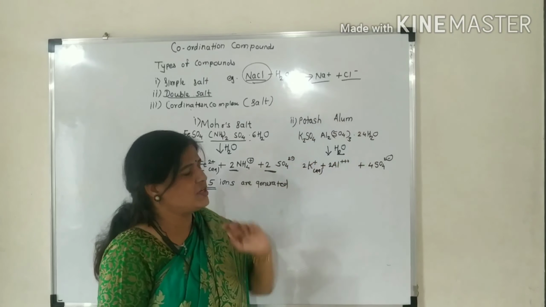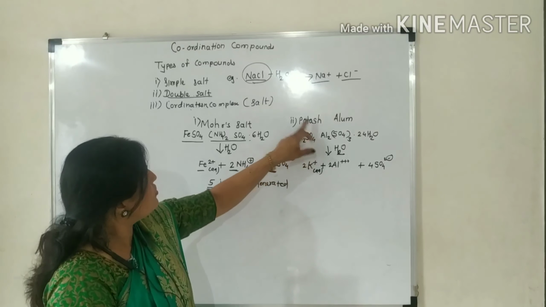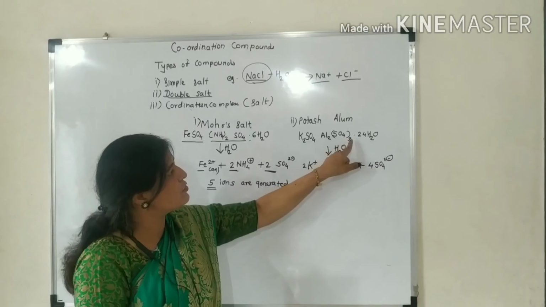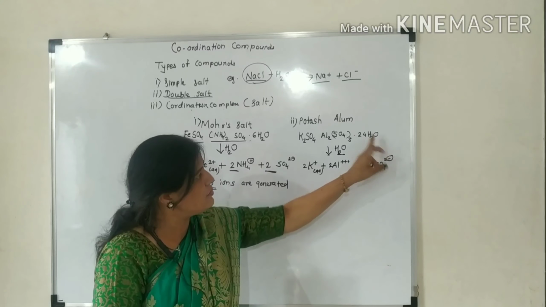The second example is potash alum. Potash alum is also a double salt. Its formula is K2SO4, Al2(SO4)3, 24H2O.